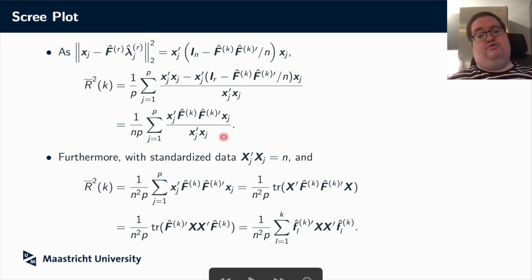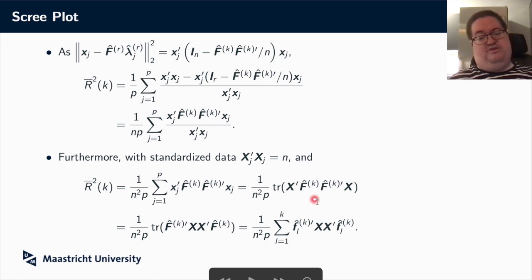Now, suppose we standardize our data, which is something you typically do before you apply a factor model. If not, then we can always standardize within these expressions. But if we standardize, then xj prime xj is equal to n. So we can replace dividing by xj prime xj with dividing by n. So we have n squared here. We don't have a fraction anymore. And then we realize, as we did for principal components, that this sum actually is equal to the trace of this matrix.